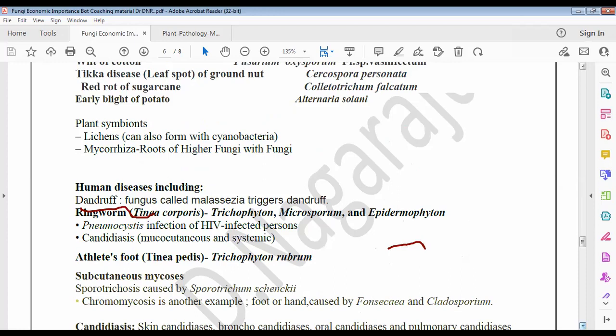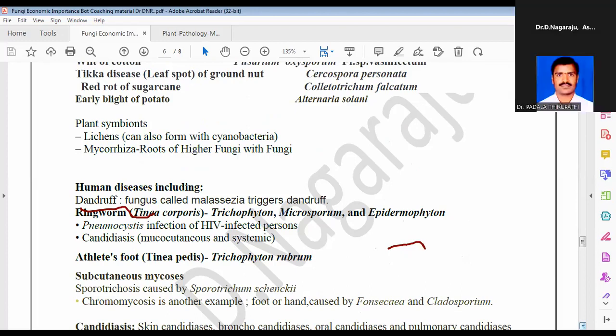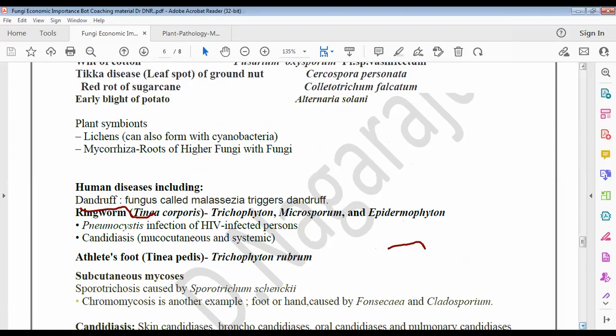And the human diseases caused by fungi, as already told you, are mycosis. Myco means fungi. One of the major diseases to human beings is dandruff, caused by fungi.